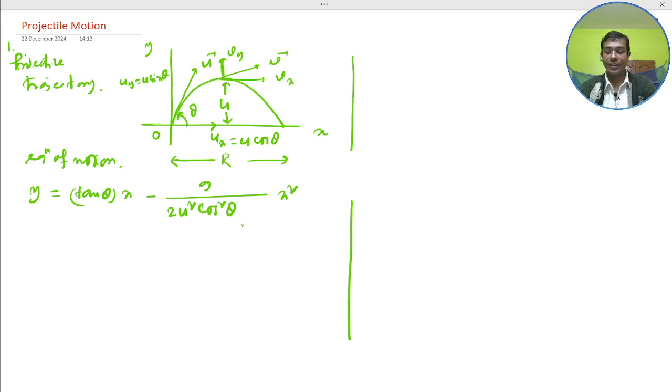This equation is of the type y equal to bx minus cx square. This is the equation of a parabola, parabolic path.